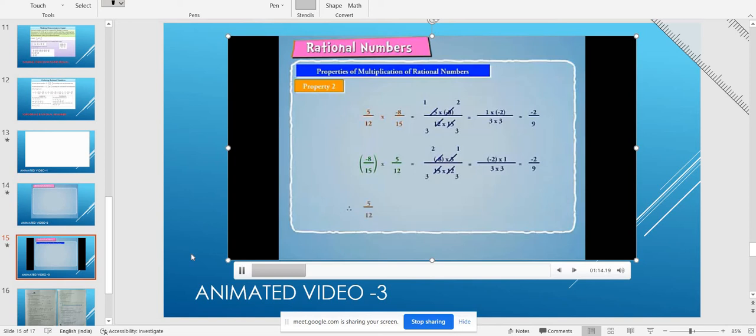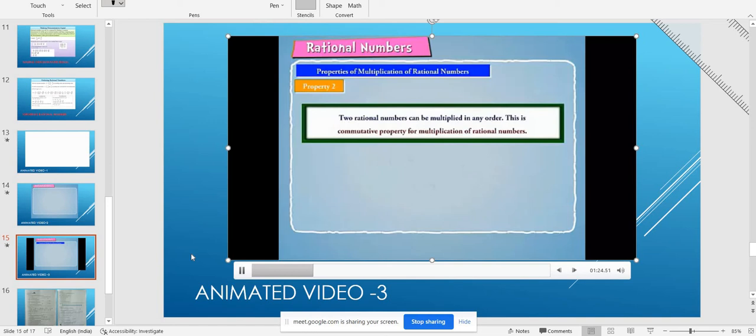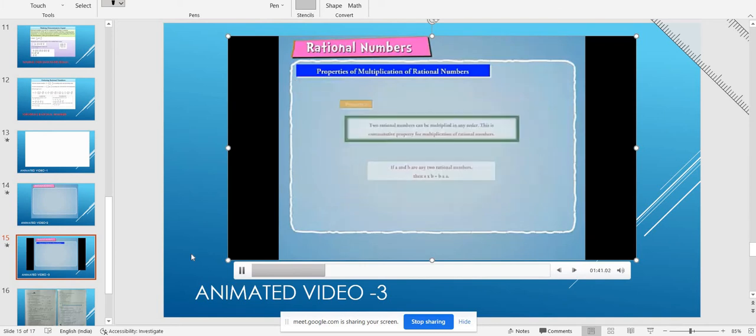Therefore, 5 by 12 into minus 8 by 15 is equal to minus 8 by 15 into 5 by 12. Hence, two rational numbers can be multiplied in any order. This is the commutative property for multiplication of rational numbers. Thus, if a and b are any two rational numbers, then a into b is equal to b into a.